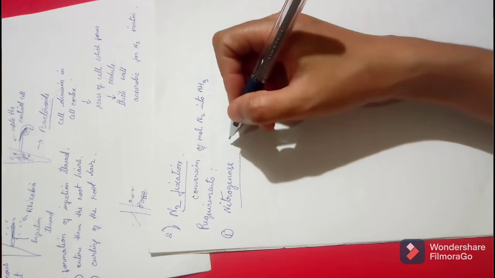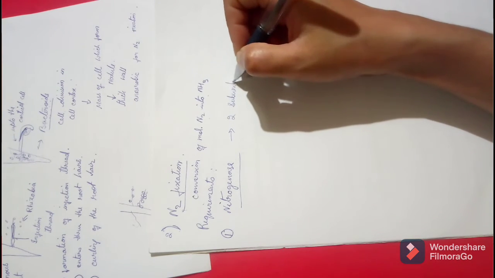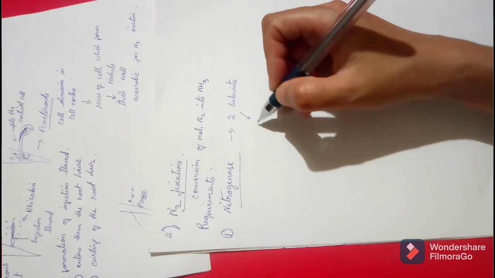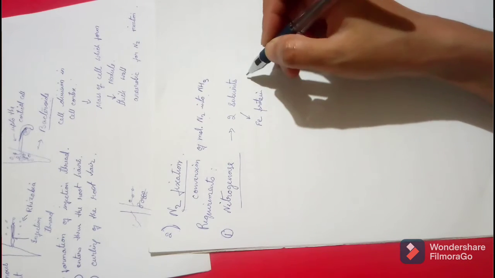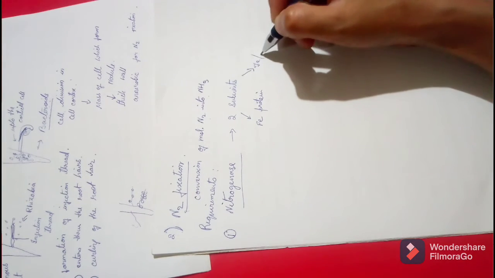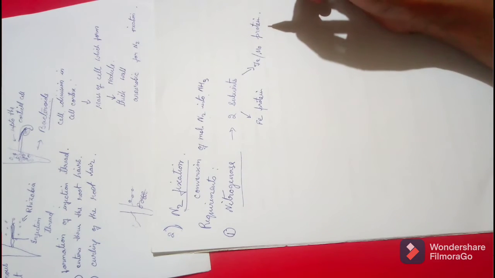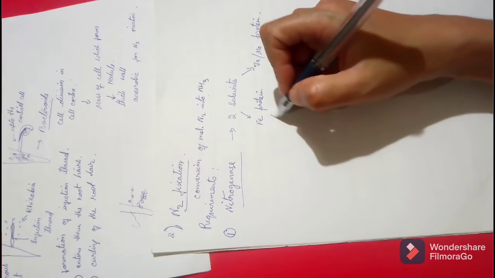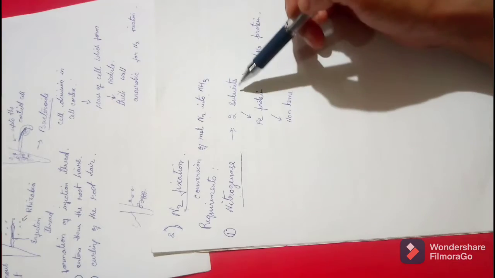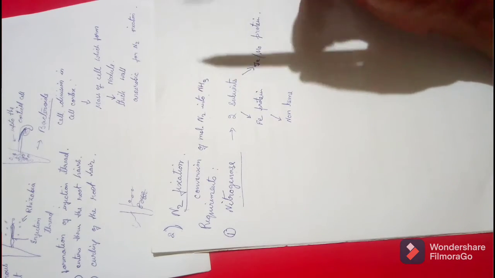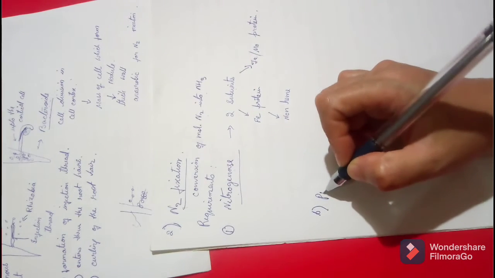This nitrogenase enzyme consists of two subunits, the first containing an iron protein, and the other containing an iron-molybdenum protein. This is a non-heme molecule. The second requirement is the pigment.